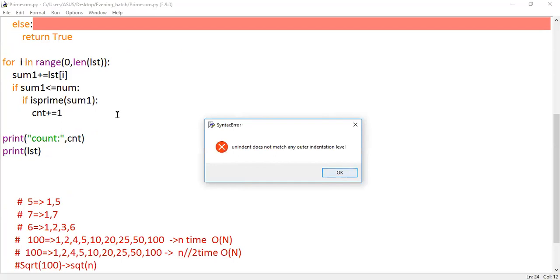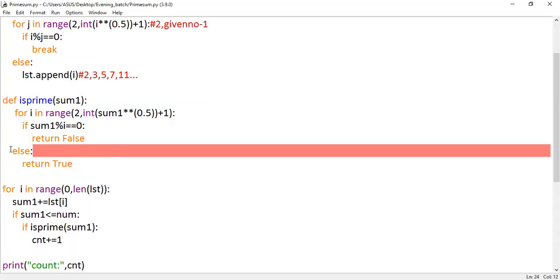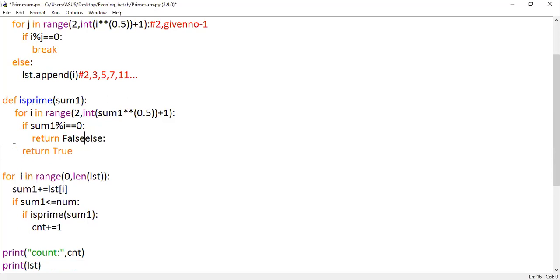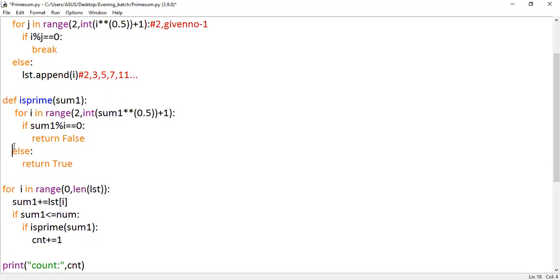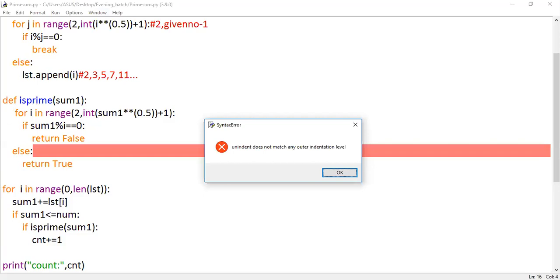So there is an indentation issue. What is the indentation? Just a minute. Give me a minute.